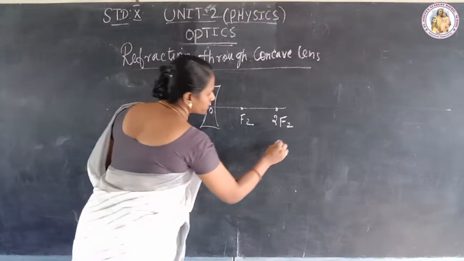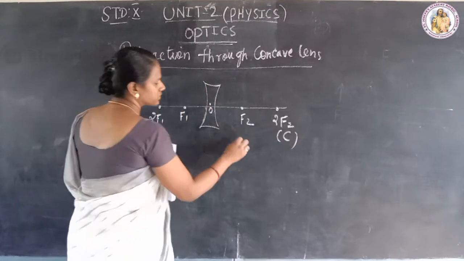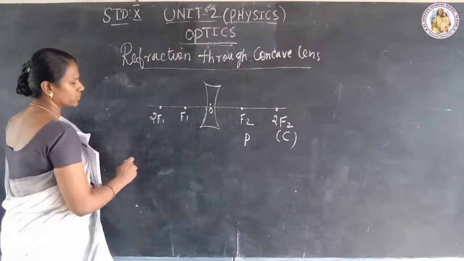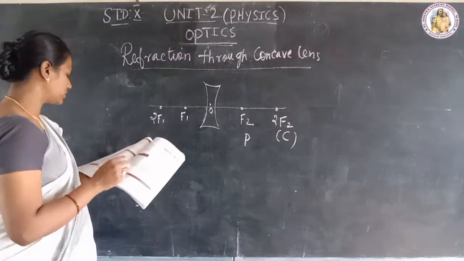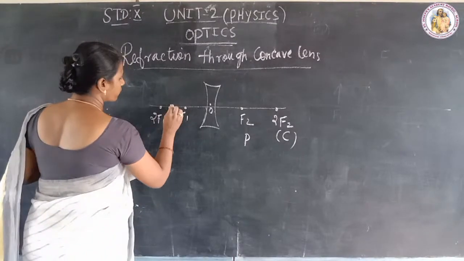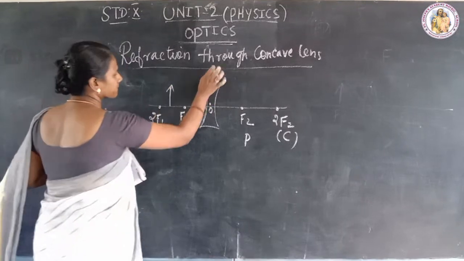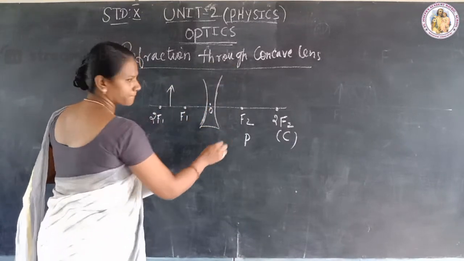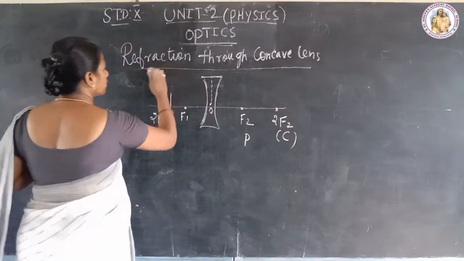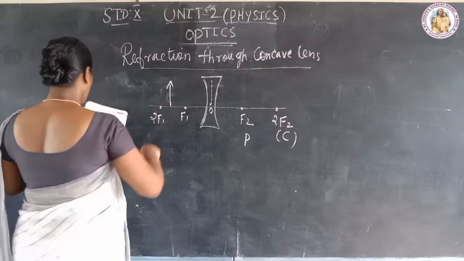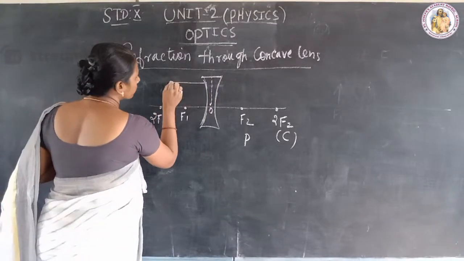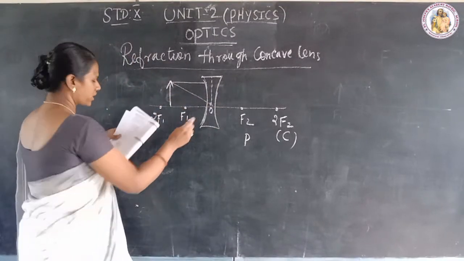The 2F2 is otherwise known as the center of curvature, and F is the principal focus. This time I am going to keep the object in between 2F1 and F1. What happens this time? One ray is parallel to the principal axis and another ray goes to the optical center.